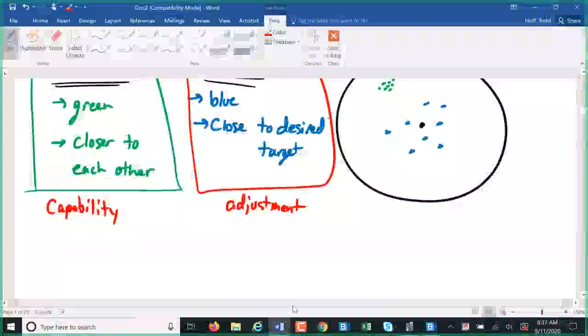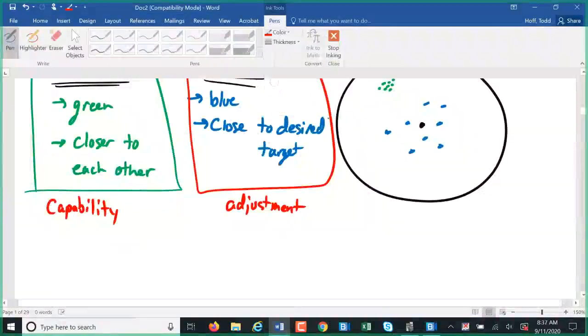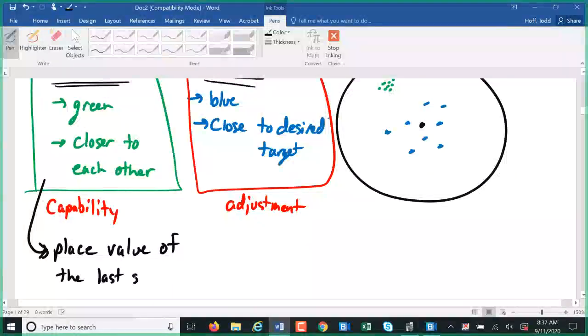Well, when it comes to significant digits, precision, just like degree of precision in our measurement, is the place value of the last significant digit.